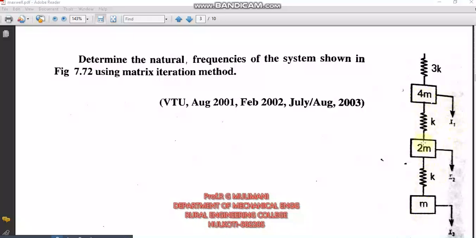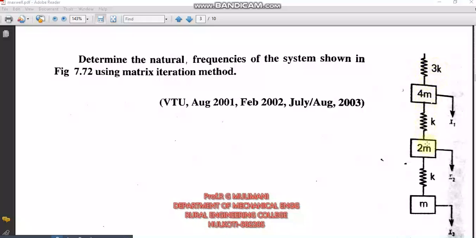So a11 is equal to a21, that is equal to a31, and by Maxwell's theorem, a21 is equal to a12 and a31 is equal to a13. So by this we will get 5 influence coefficients. So what is a11? a11 is equal to the reciprocal of the spring stiffness 3k, 1 by 3k. When it is pulled, only this spring is elongated, so it is 1 by 3k.